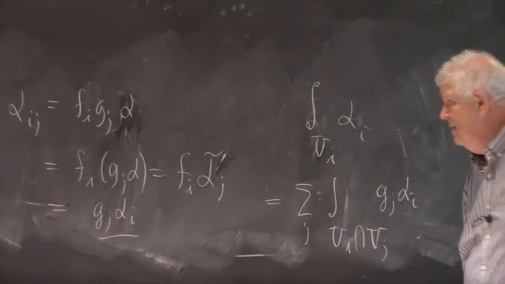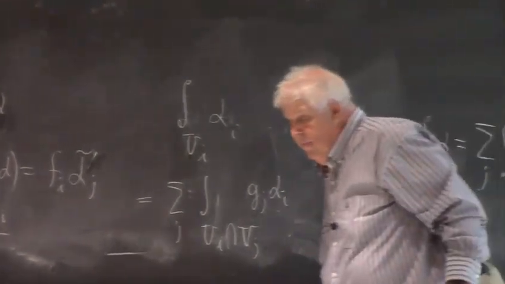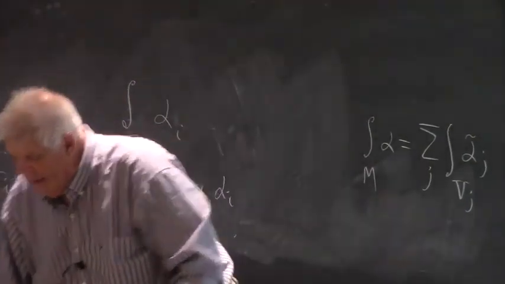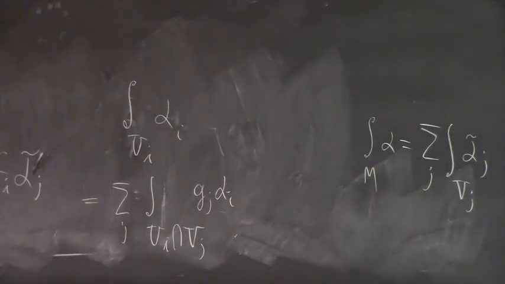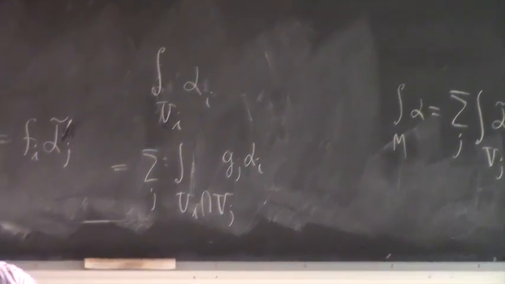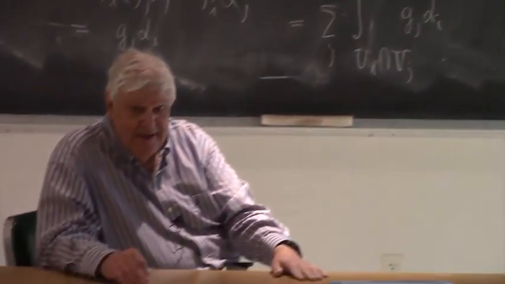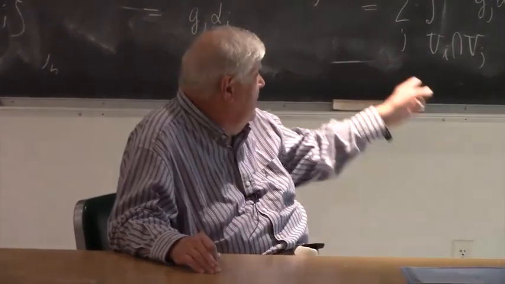Here I do not need to do anything related to manifolds, because Ui is essentially a domain in Euclidean space. And for integrals over domains in Euclidean space, we have all necessary formulas. In particular, certainly the integral of the sum of two forms is the sum of the integrals. So we have this.